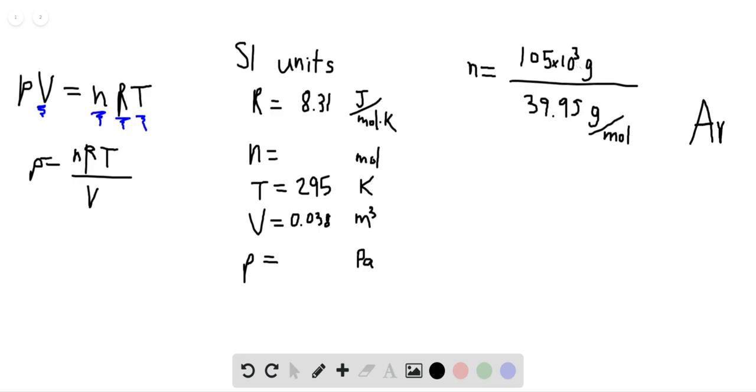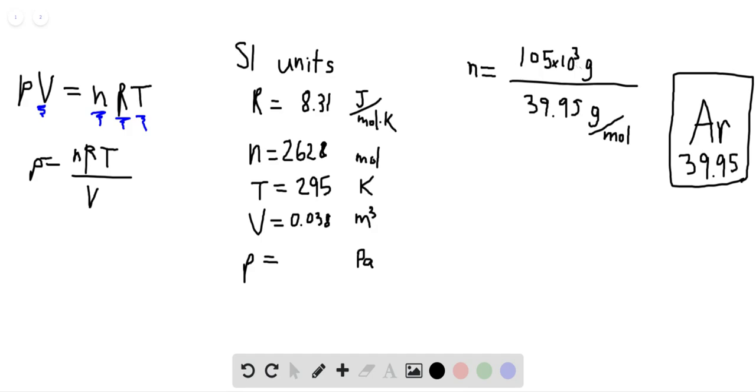So you will find argon at Ar, and below it you can find 39.95. I don't remember the atomic number up top, but the only thing that really matters is this mass, and that can be thought of as grams per mole. Excellent. So what is our number of moles then? If we divide this by this, we have 2,628 mole.